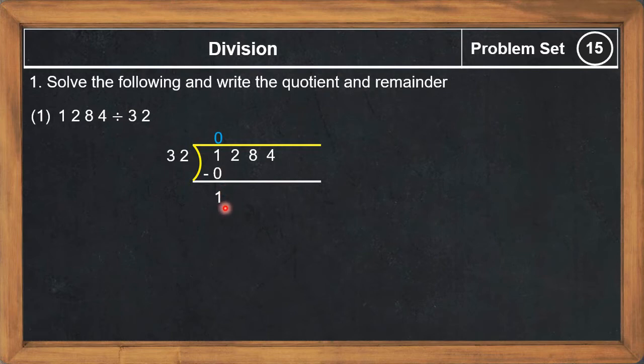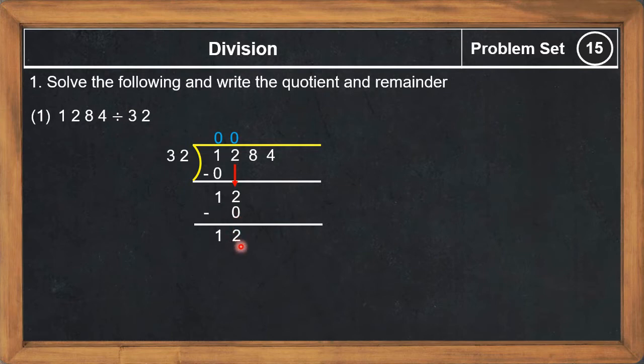Now, the next step is to bring down the next digit in the dividend, that is 2. So, here we get 12. Now, let us compare 12 with the divisor 32. As 12 is smaller than 32, we write 0 in the quotient and subtract 0 from 12, which is equal to 12.